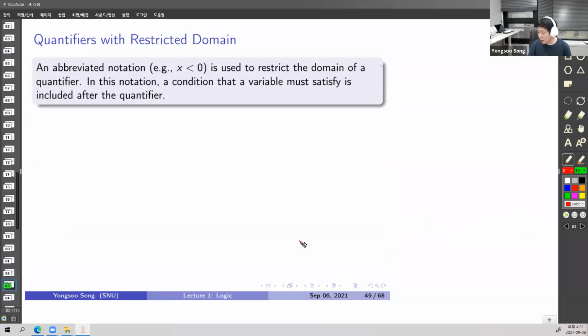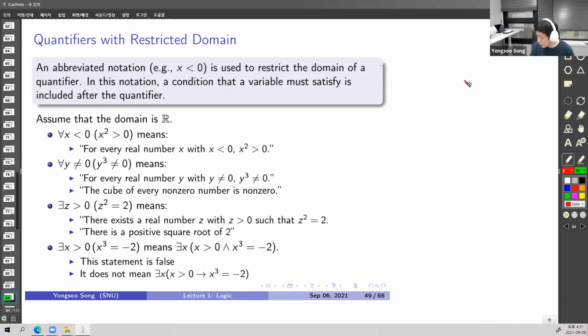And sometimes we use some abbreviated notation together with quantifiers, such as x is less than 0 or x is positive and so on, to restrict the domain of a quantifier. So in this notation, this condition should be satisfied. Let's say there are 4 examples here, and the domain is the set of real numbers in this slide.